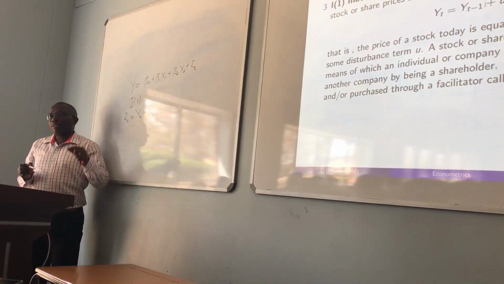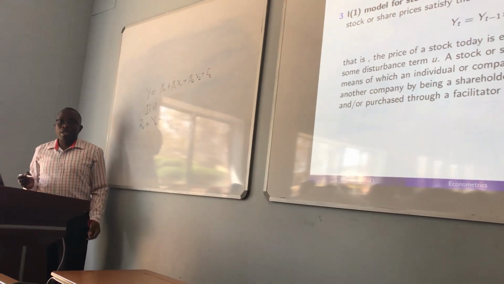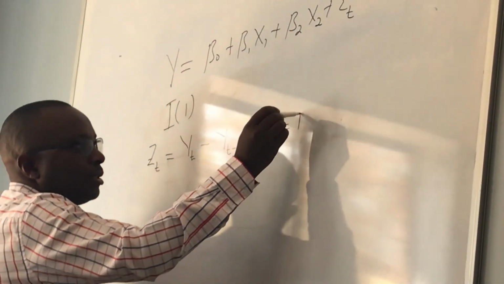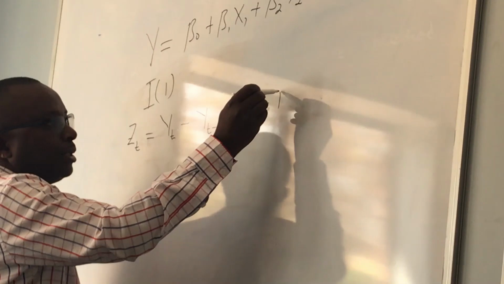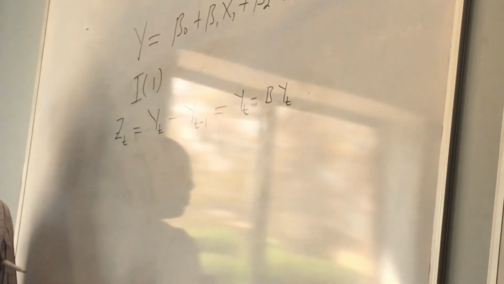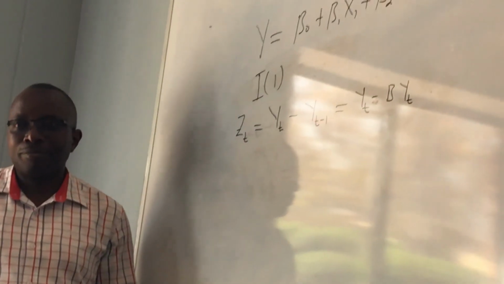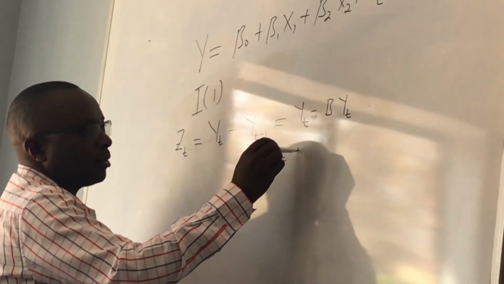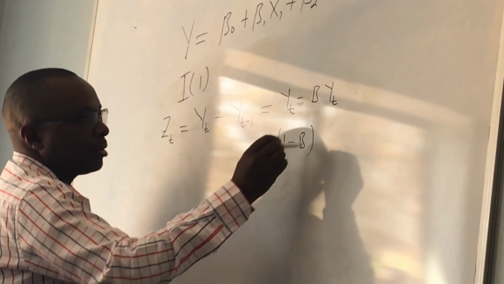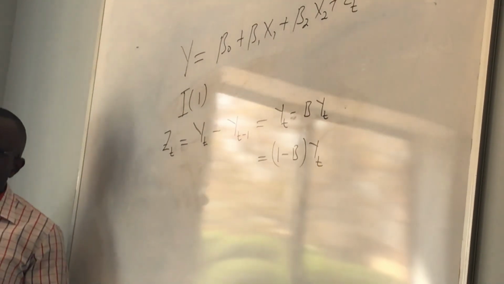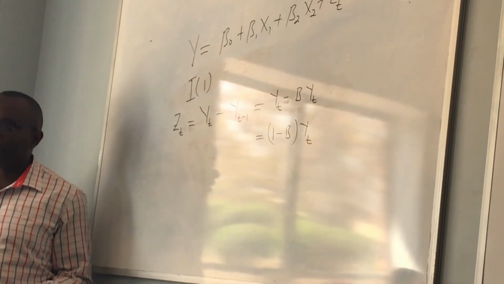If you still remember, as a recap, zt is equal to yt minus b yt. What is b? The backward shift operator. Which is just the same as (1 minus b) yt. That's the first difference from time series. Just a recap.